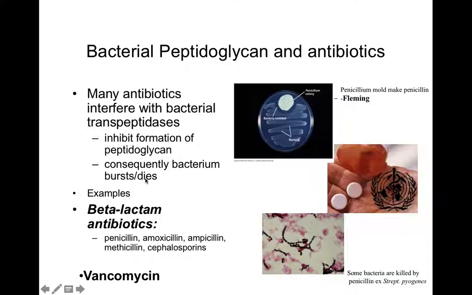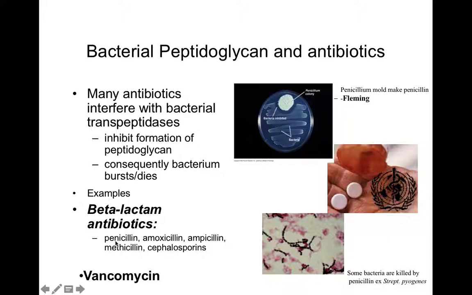Okay, so let's go forward here. We've been saying that if we could somehow stop the function of bacterial transpeptidase, we could kill disease-causing bacteria by osmotic lysis. So let's find out which antibiotics will inhibit bacterial transpeptidase. The most famous example would be penicillin. Penicillin is what we call a beta-lactam antibiotic based on chemical structure.